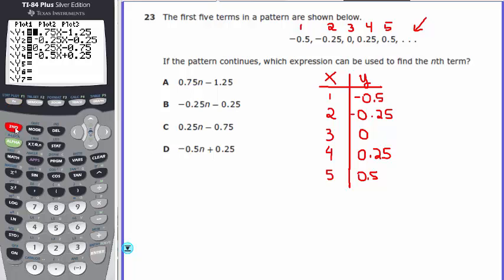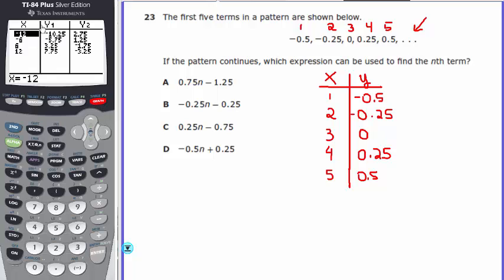Once you have entered, go ahead and press second graph, and we want to delete all the numbers in the X column because we want to enter the new values, which are 1, 2, 3, 4, and 5.